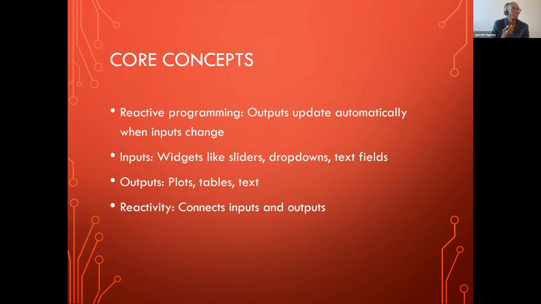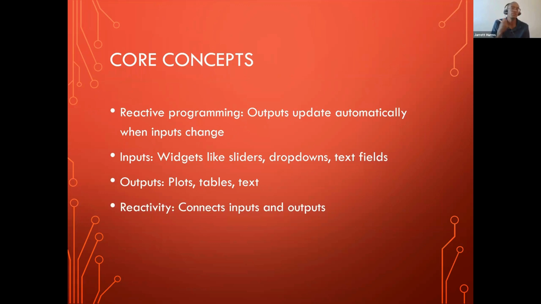A core thing that's important to know here is it's very reactive programming, which means that when you interact with the UI, when you enter particular inputs, it's going to react. It's going to give you some form of customized output depending on what you have inputted or whatever parameters you're working with. There of course are different types of inputs.